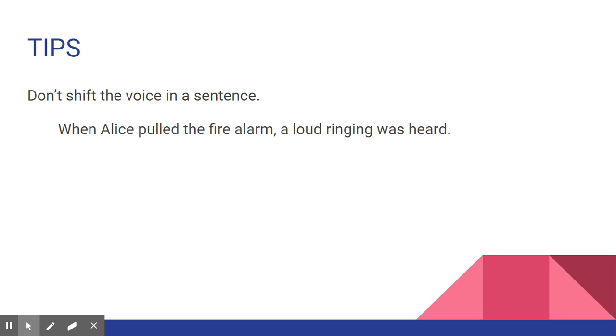So you can see in the first part of this sentence, pulled is my verb, Alice is my subject. The first part is active. Alice is pulling the fire alarm. But the second half of this sentence is written in passive voice. A loud ringing was heard. But there's no actor here. We don't know who heard the ringing.